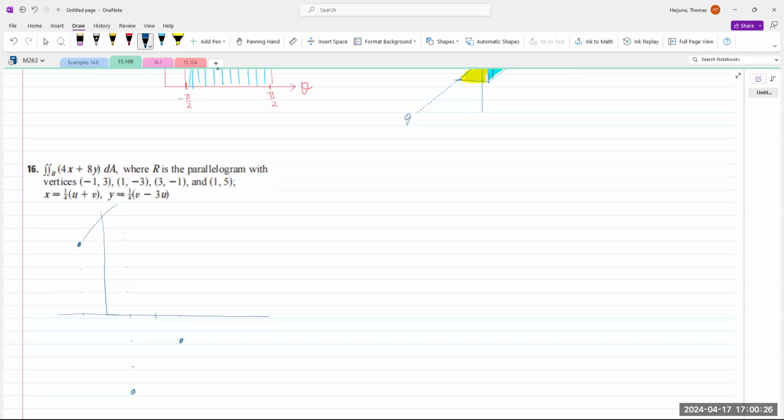Let's say it looks like this. Now, we don't like this kind of domain though, however nice the integrand is.